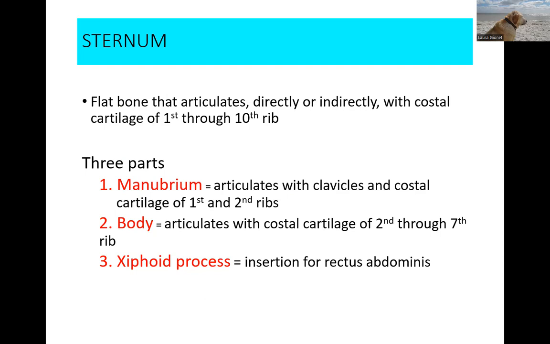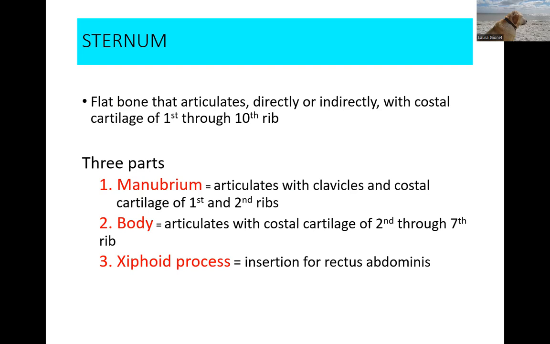The sternum is a flat bone that articulates directly and indirectly with costal cartilages of ribs 1 through 10. So what does that mean? It means we have 12 pairs of ribs. We also have 12 thoracic vertebrae. And they are paired, starting at the top and numbering inferiorly.